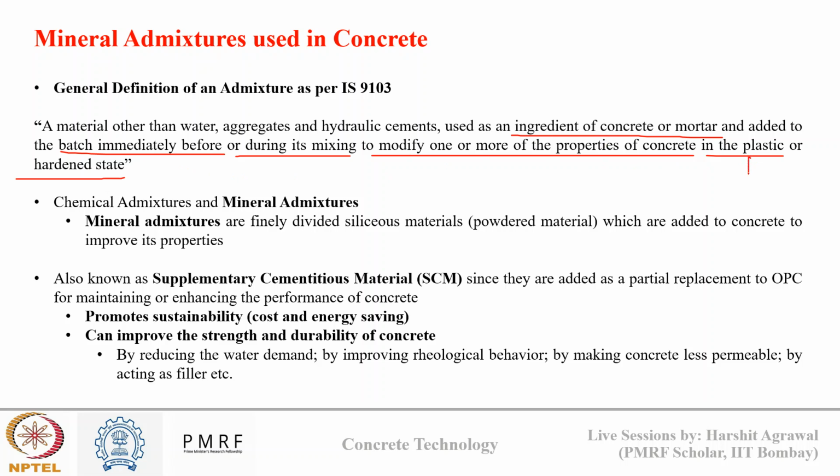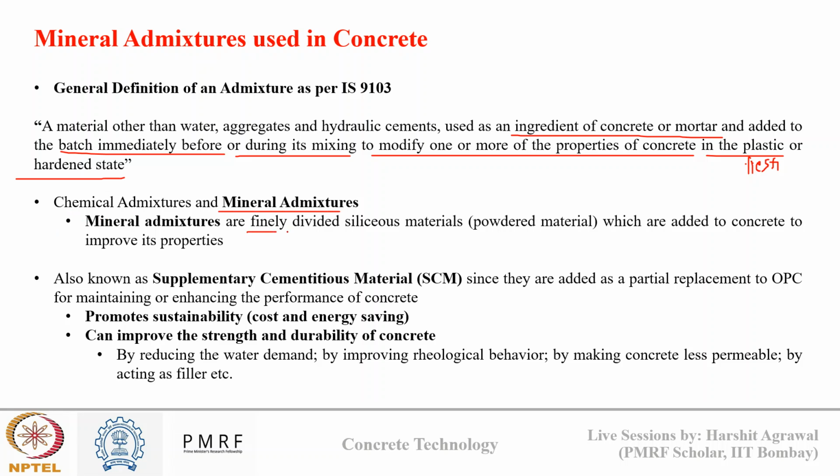Plastic state means fresh state. In fresh state, my concrete is a plastic material. It can deform. Now, we know that admixtures are further classified into two types. There are chemical admixtures and there are mineral admixtures. We have already discussed chemical admixtures. So what are mineral admixtures?